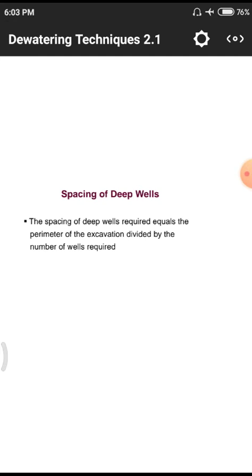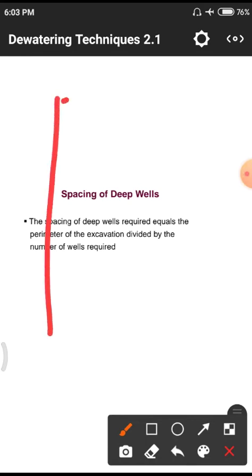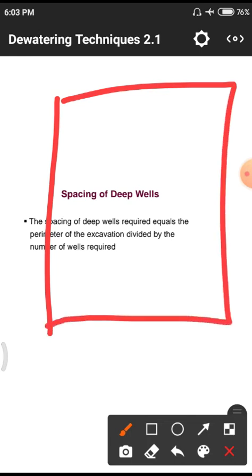The spacing of deep wells required equals the perimeter of the excavation divided by the number of wells required. I will show it with the help of a diagram. That means this is the total land we have.